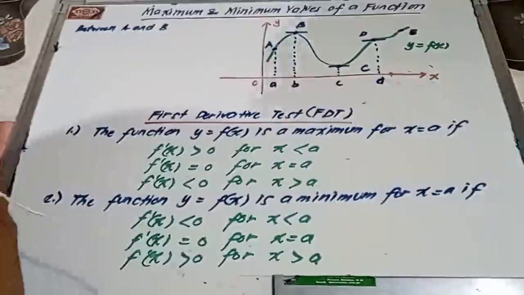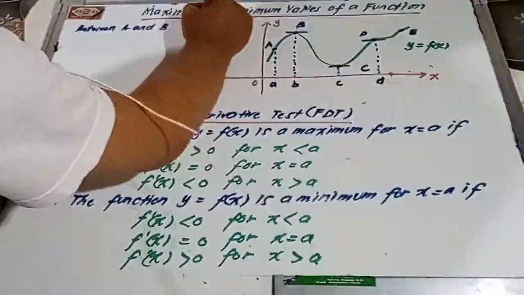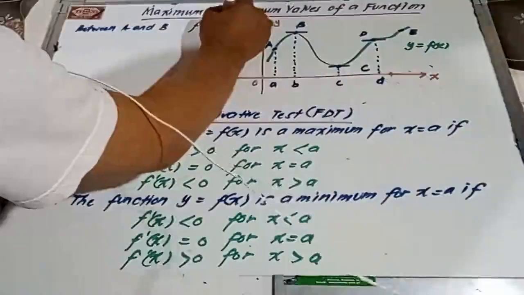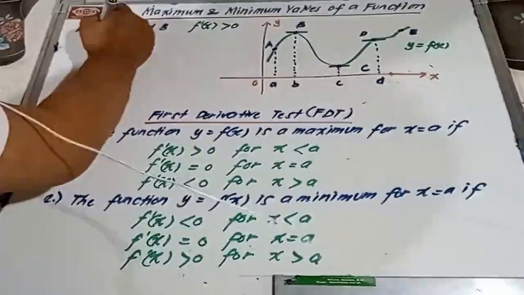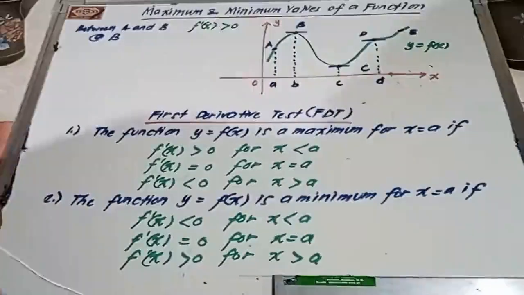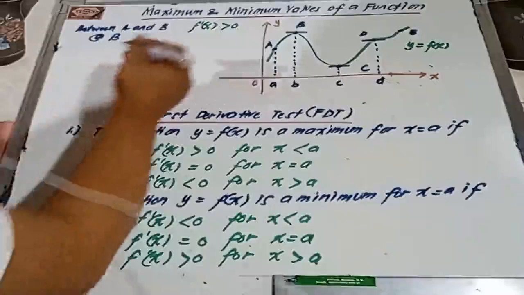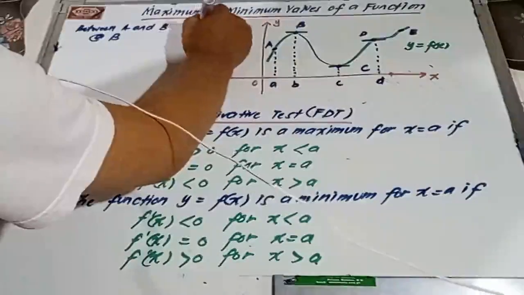Ibig sabihin, f prime of x is greater than 0. Increasing. Okay? Pero at point B, ang slope ng ating tangent line doon is equal to 0. O f prime of x is equal to 0.